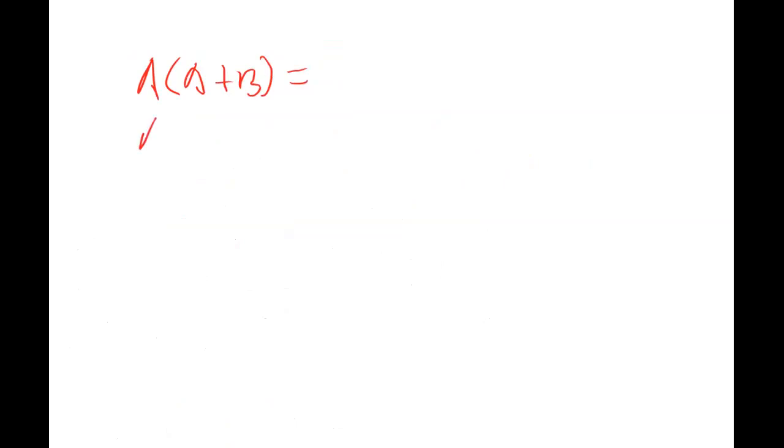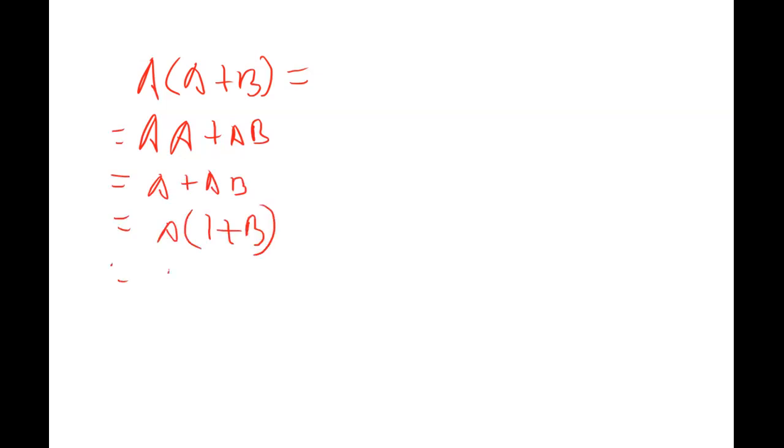Because it's equal to, using the law of absorption, A times A or AB, which must be equal to A or AB, which must be equal to A times (1 or B), which must be equal to A. They call that the law of absorption.